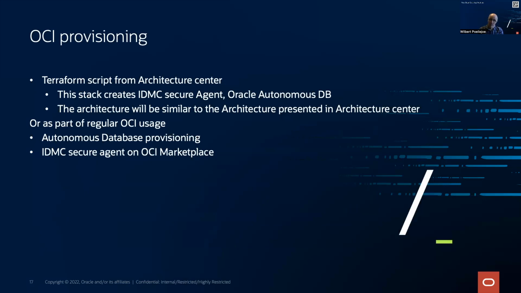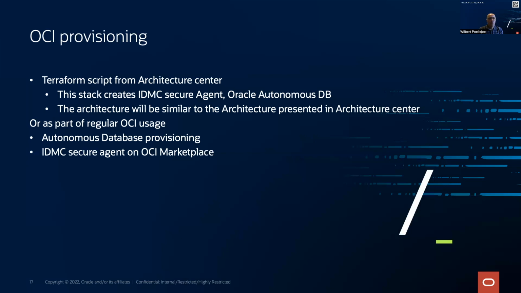There is a Terraform script available from Oracle Architecture Center, which is creating an architecture like we have shown in previous slides, and that will do all the steps to create a secure agent, to provision the autonomous database, and to provision the OAC instance, and it will also make sure that the VCN and the subnet and all those components are put in place.